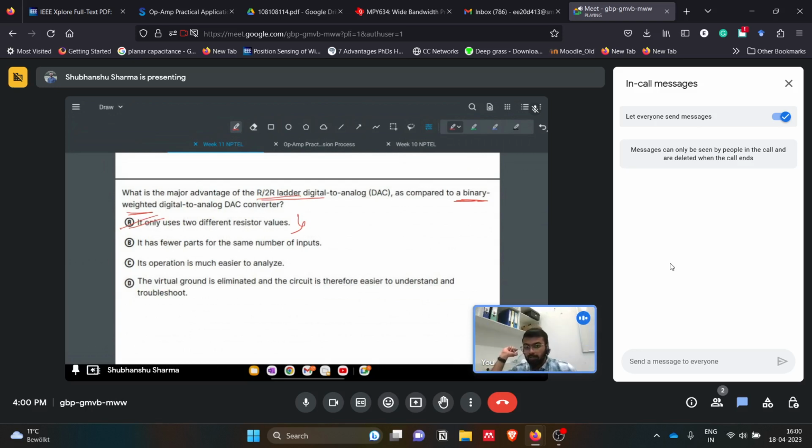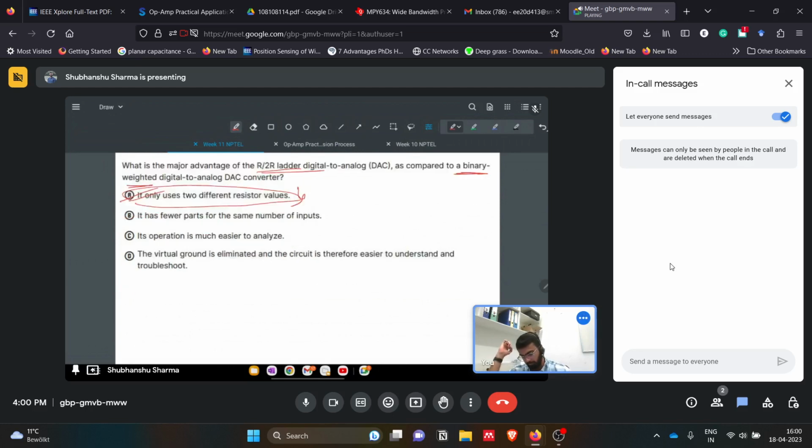So to reduce that, we use only two types of resistors, that is R and 2R. That helps to solve that drawback of the binary weighted digital to analog converter.